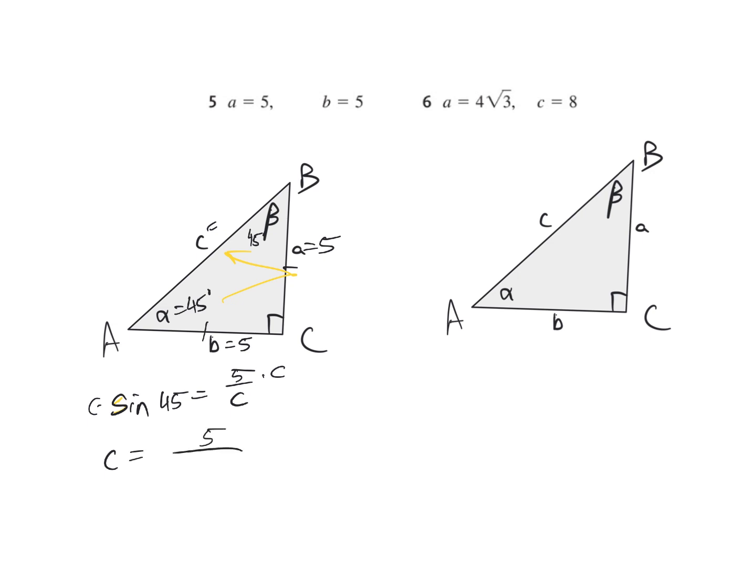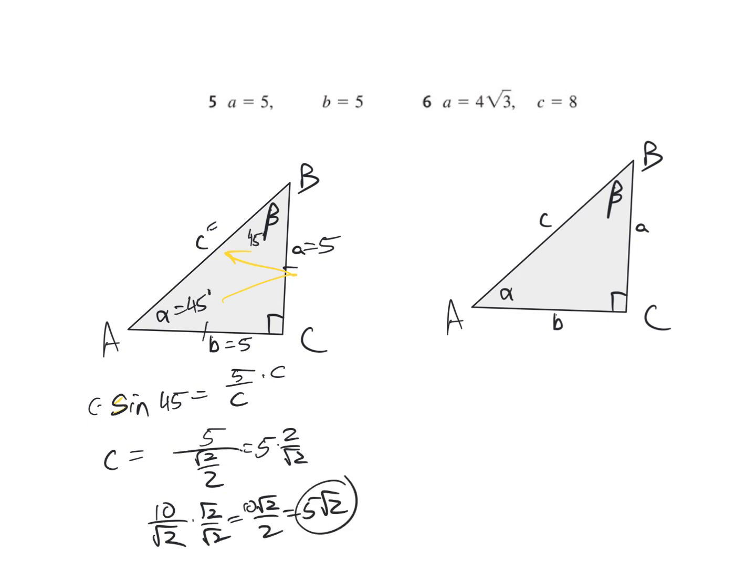So 5 divided by the square root of 2 over 2, which is 5 times 2 over the square root of 2, or 10 over the square root of 2. We rationalize, and we get 10 square root of 2 over 2, or 5 square root of 2. That's C. And we have all those other values.